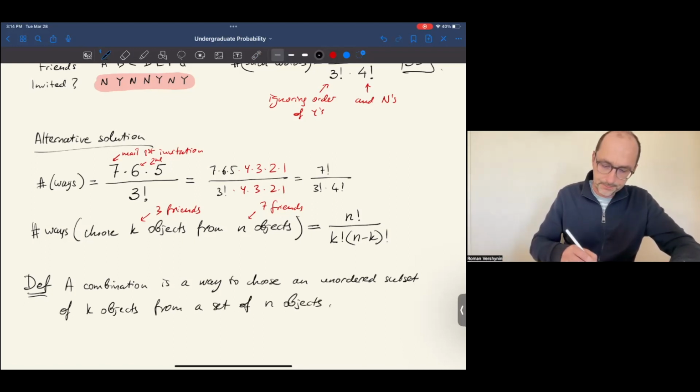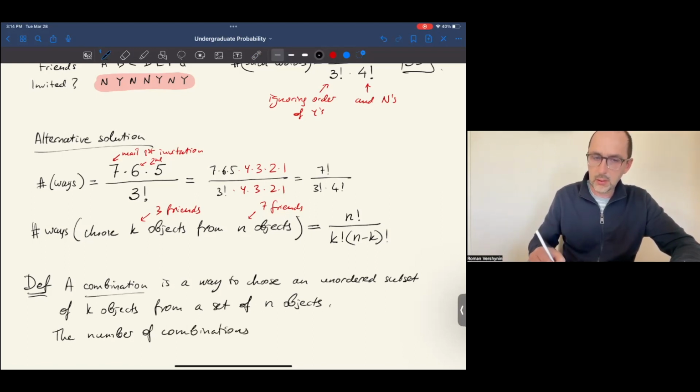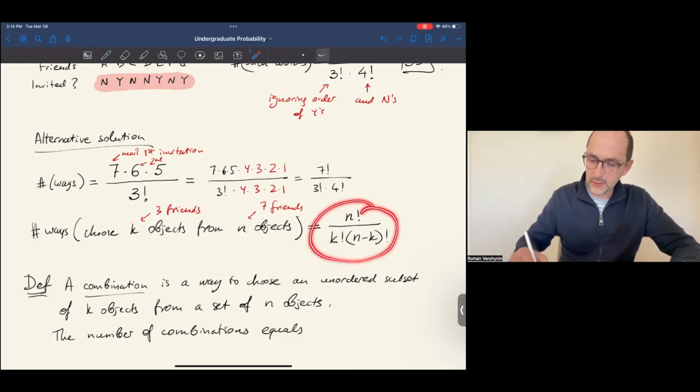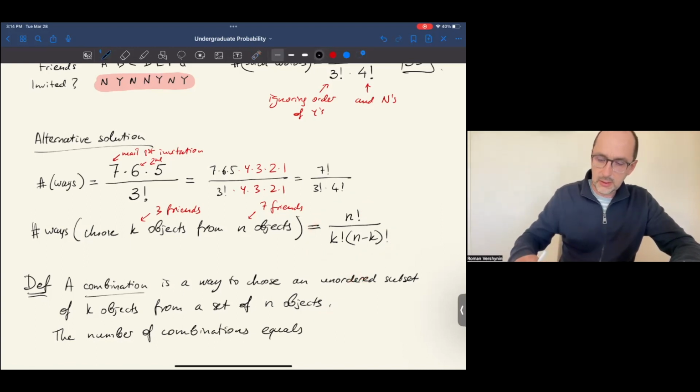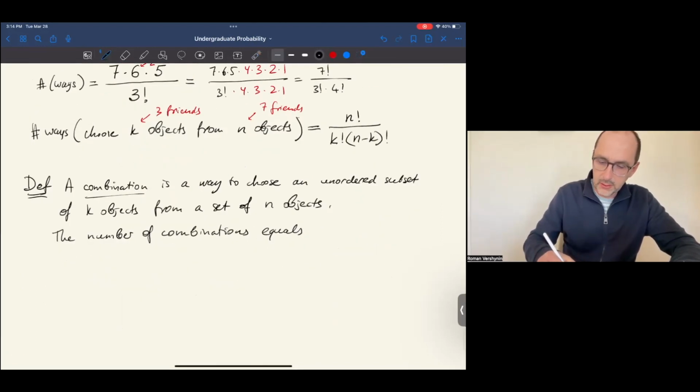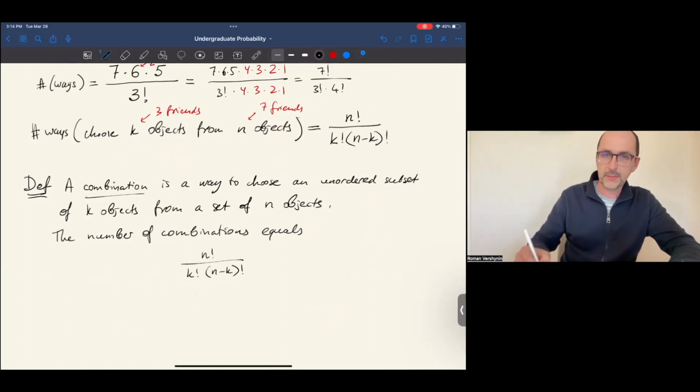The number of all combinations, as we discovered, equals n factorial divided by k factorial and further divided by n minus k factorial.